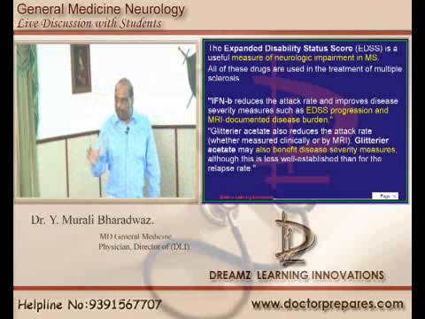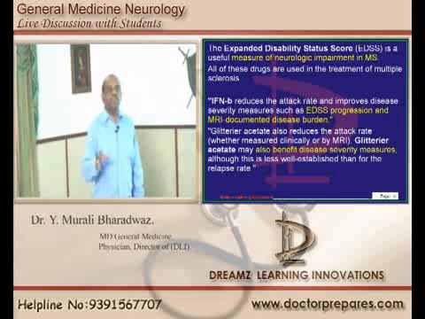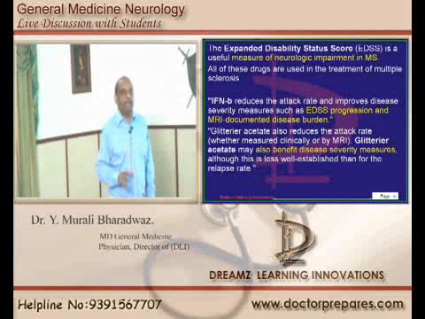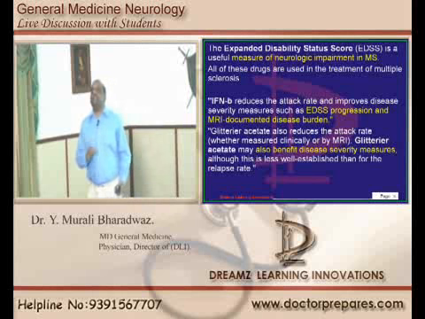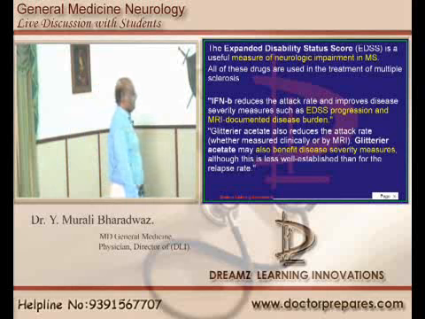Based on the number of plaques and how severe they are, we calculate what is called a disability score, the disease load on MRI. Even that is decreased by interferon beta. Similarly, glatiramer acetate is another important drug which is also known to benefit the disease severity scoring.